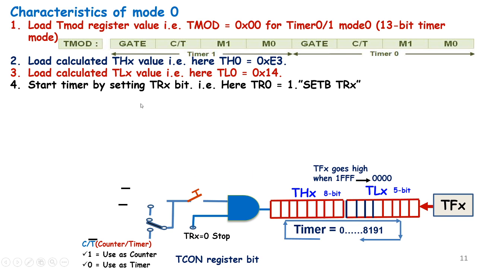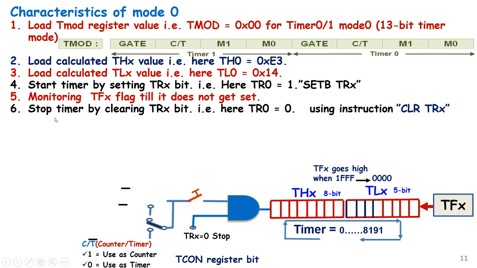Start the timer by using the TCON register TR bits. When it is equal to 1, then the timer starts, or we may use the instruction SETB TRX. Monitor the overflow, that is the TF flag, until it gets set. When it is set, then stop the timer, clear it by using the TRX bit, and we may use the instruction CLR TRX.